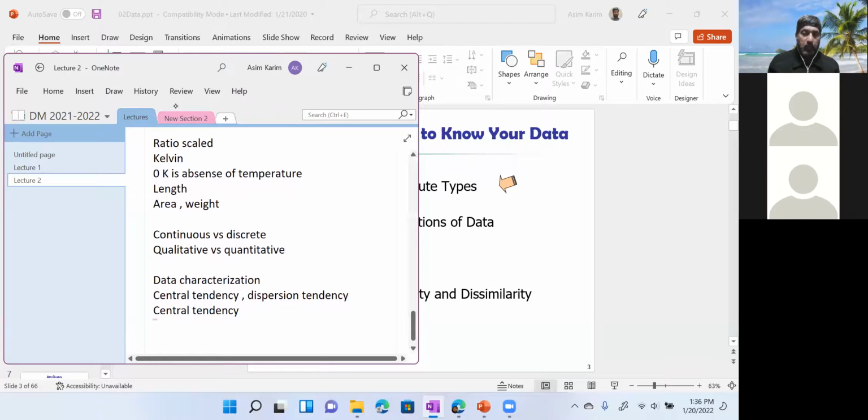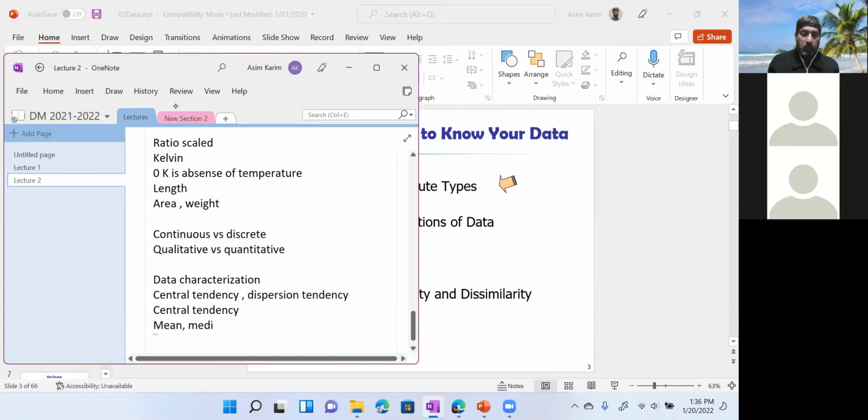Central tendency is basically given by the mean. You can also use the median. You can also use the mode. Of course, you are familiar with these stats, but you need to know on which attribute these can be applied.